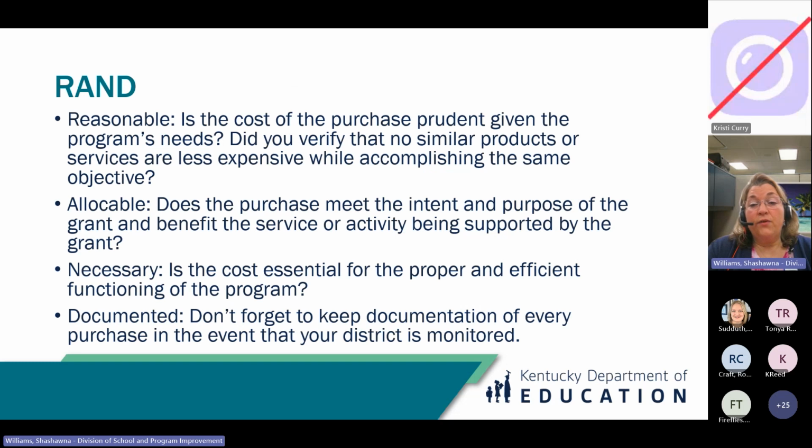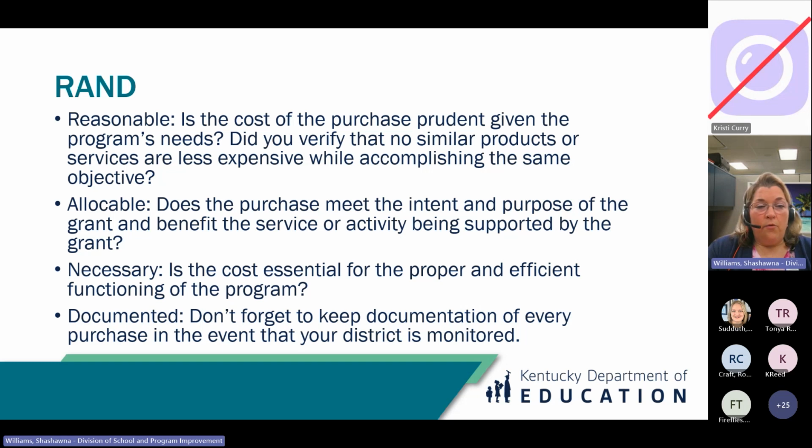RAND, of course, stands for reasonable, allocable, necessary, and documented. In order to determine whether a purchase is reasonable, ask yourself these questions. Is the cost of the purchase prudent given the program's needs? Did you verify that no similar products or services are less expensive while accomplishing the same objective?